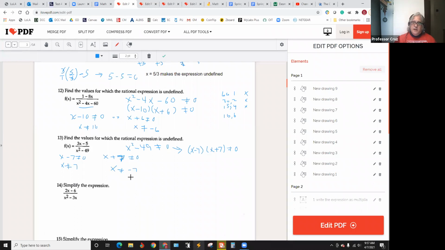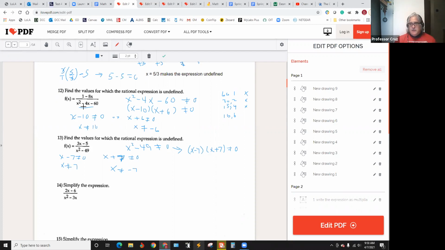And you can easily see, this one was a little bit harder to see, but believe me, it would come out, because if you square 10, that's 100. And then 4 times 10, negative, so that's 40. So that would leave you with 60. 60 minus 60 is 0. Same thing with this one.